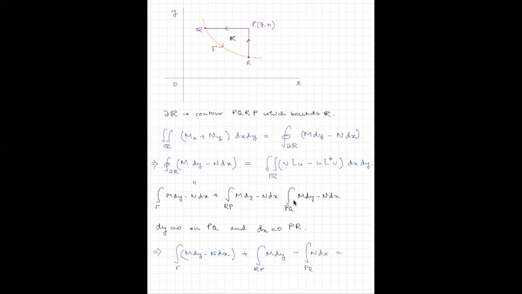This is again equal to the double integral over R of the same thing.